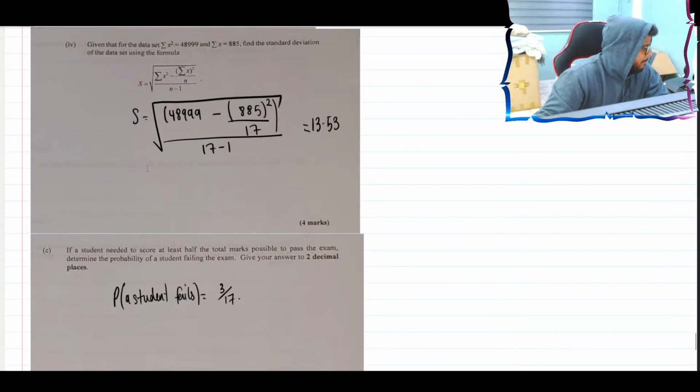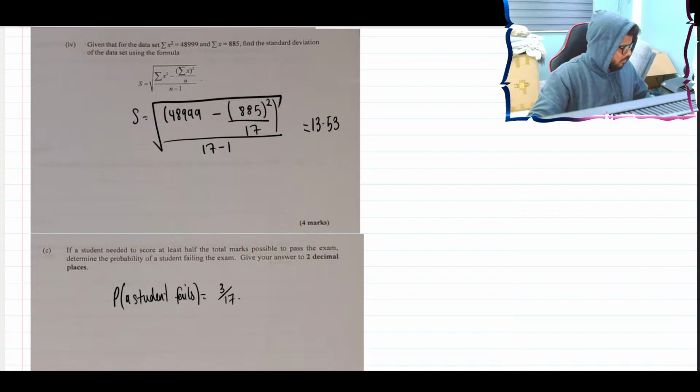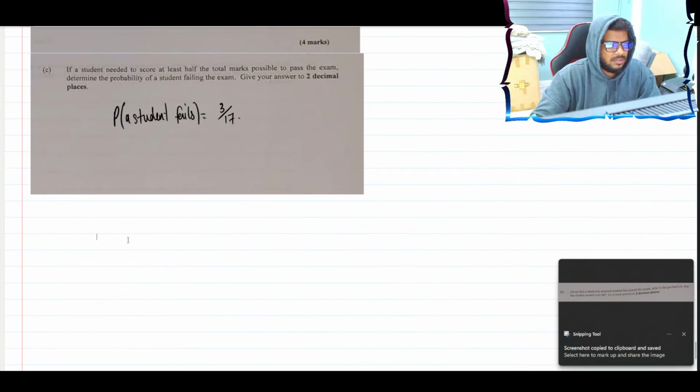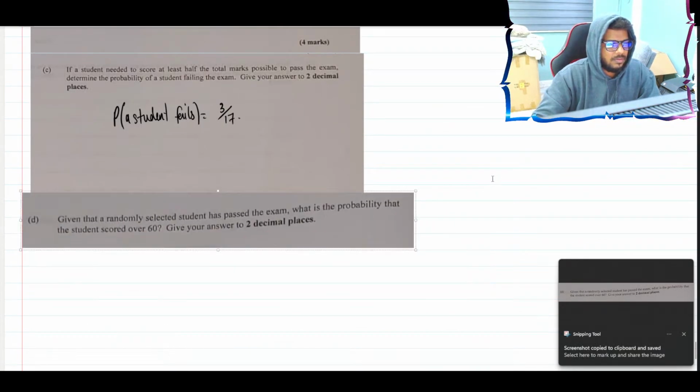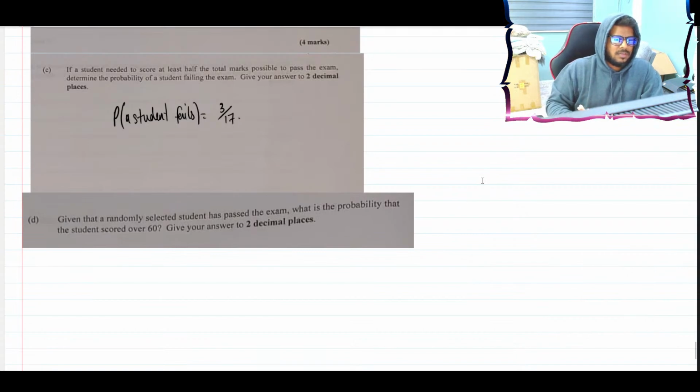Right. The next part there. Given that, this probabilities question was really easy. Given that a randomly selected student has passed the exam, what's the probability that the student scored over 60? All right, so this is conditional probability, right? So given that a randomly selected student passed the exam, we could do one of two things.